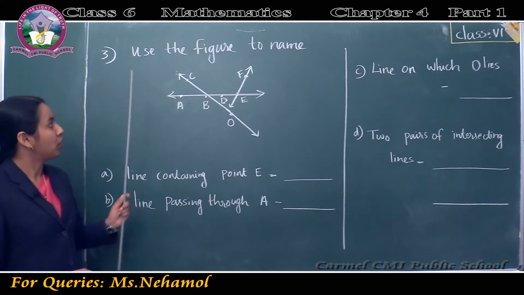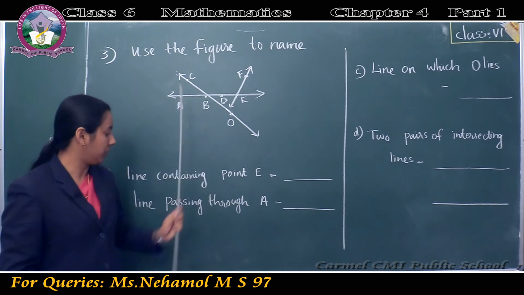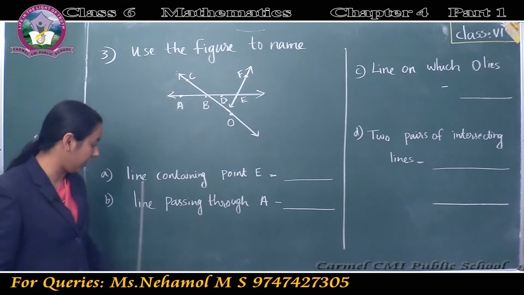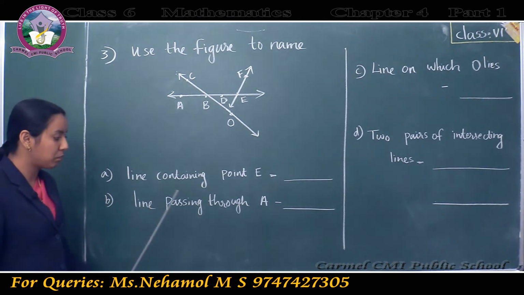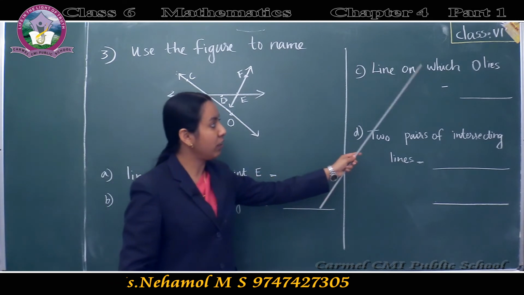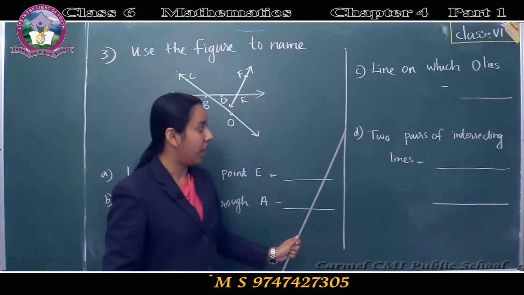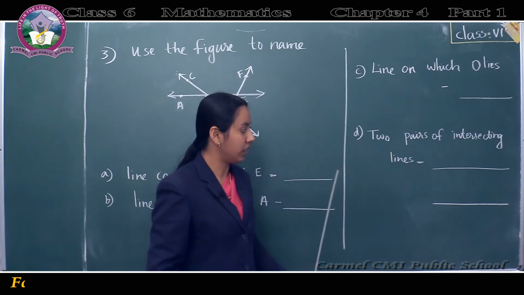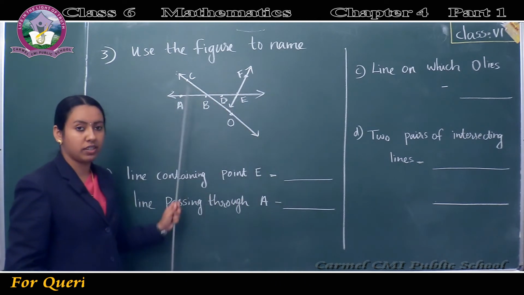Third question, use the figure to name the line containing point E. Next, the line passing through point A. Third, the line on which O lies. And fourth, 2 pairs of intersecting lines. One diagram is given here.